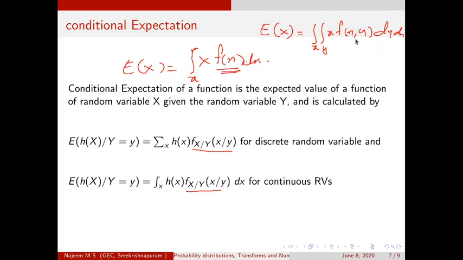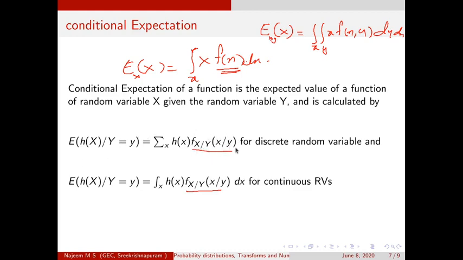Here we are considering x and y, the joint density of x and y. So in certain books these are noted like this, expectation with x comma y, meaning the underlying distribution is the joint distribution. Here the underlying distribution is the conditional distribution. That's all.